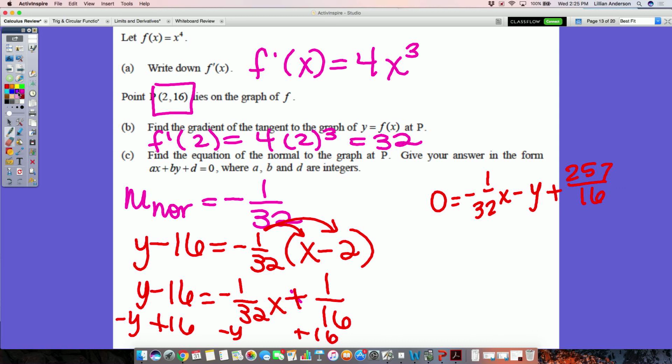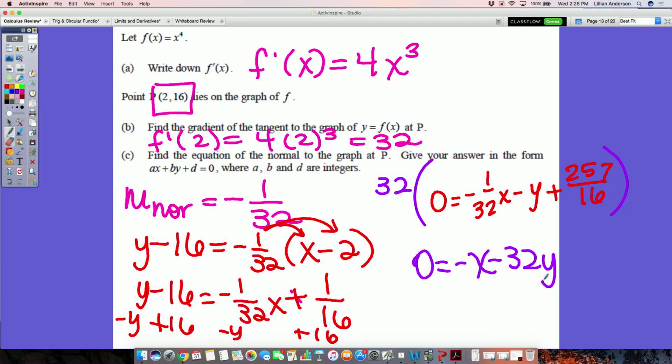How do we do that? Multiply everything by what number? 32. Because when I multiply negative 1 over 32 by 32, what does it turn into? A negative 1. 32 times negative y turns into negative 32y.